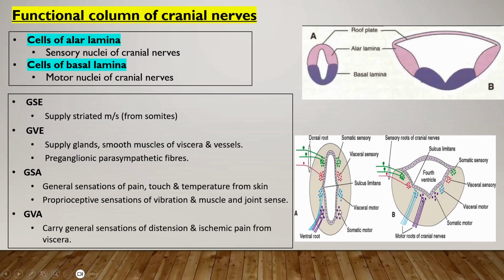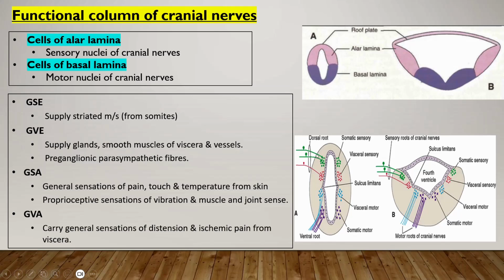Okay, so here away from the sulcus limitans on the alar lamina there will be somatic sensory, or we can say general, somatic, afferent. Okay, so you can see the general, somatic, afferent, these will be carrying general sensation of pain, touch and temperature from skin, and proprioceptive sensation of vibration and muscles and joint senses.